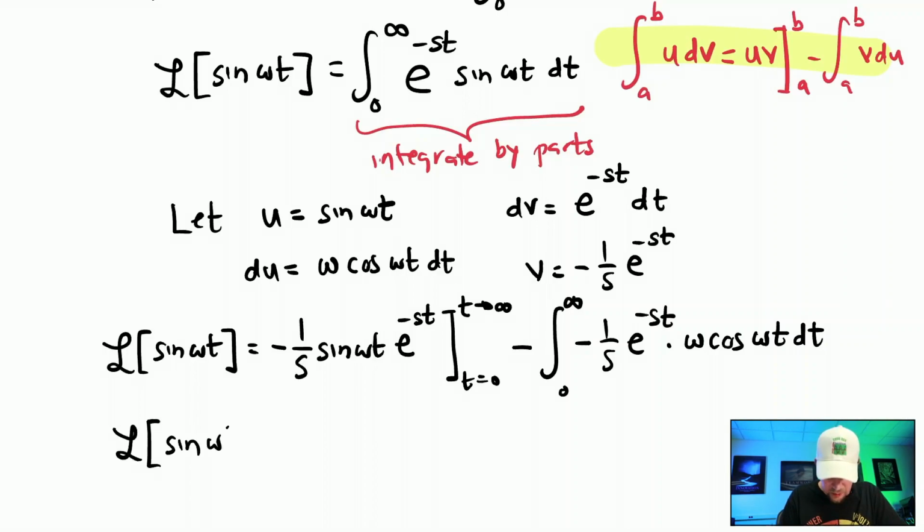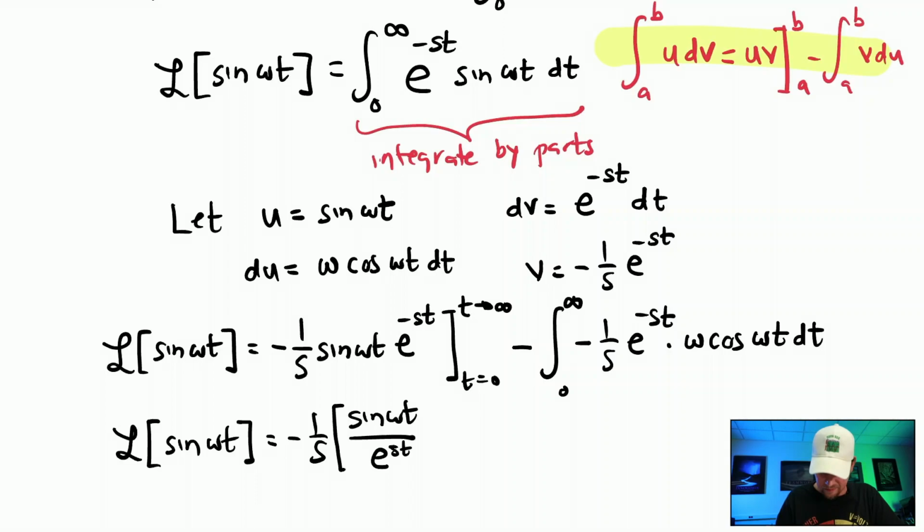The Laplace transform of sine omega t is equal to minus 1 over s, and here it is sine of omega t, and I'm going to rewrite this in such a way that this is e to the st, like this. And then we have t approaches infinity, and then t is equal to 0. I'm doing this just to bookkeep.